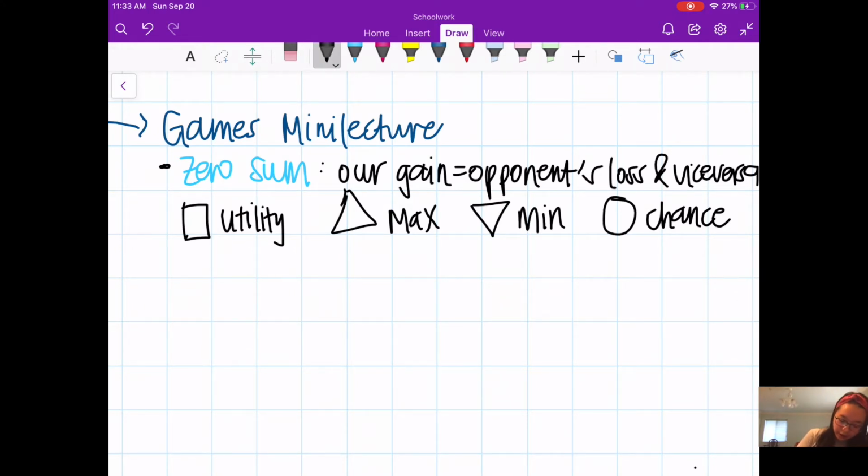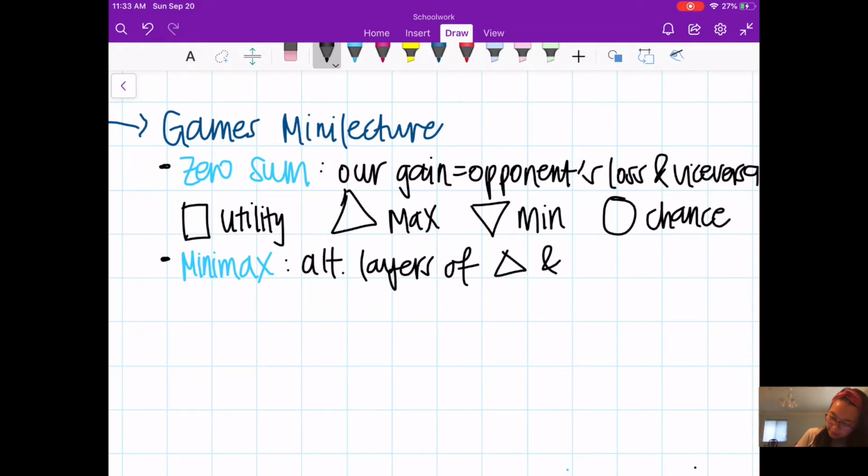There are 2 specific types of game trees that we look at, and one of those is called minimax. That is essentially alternating layers of max and min, and I'm just going to use their symbols since it's easier and quicker to write out.